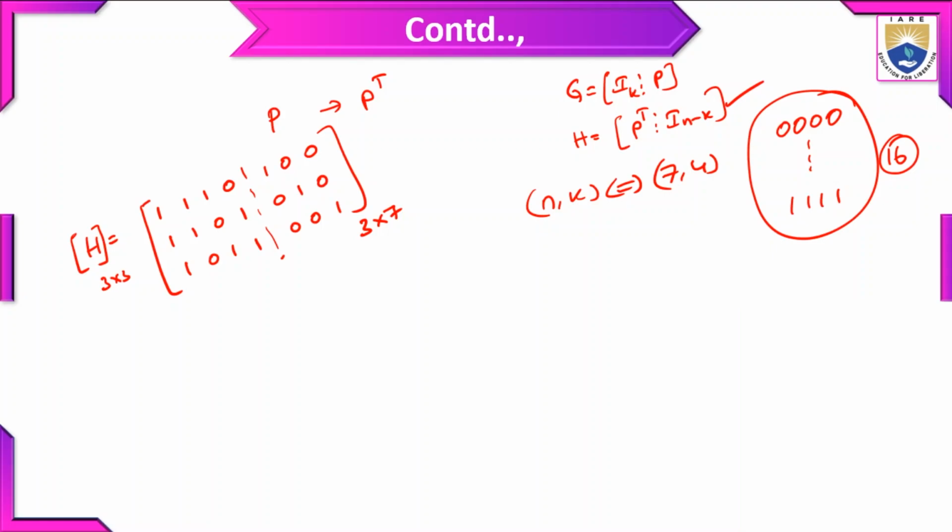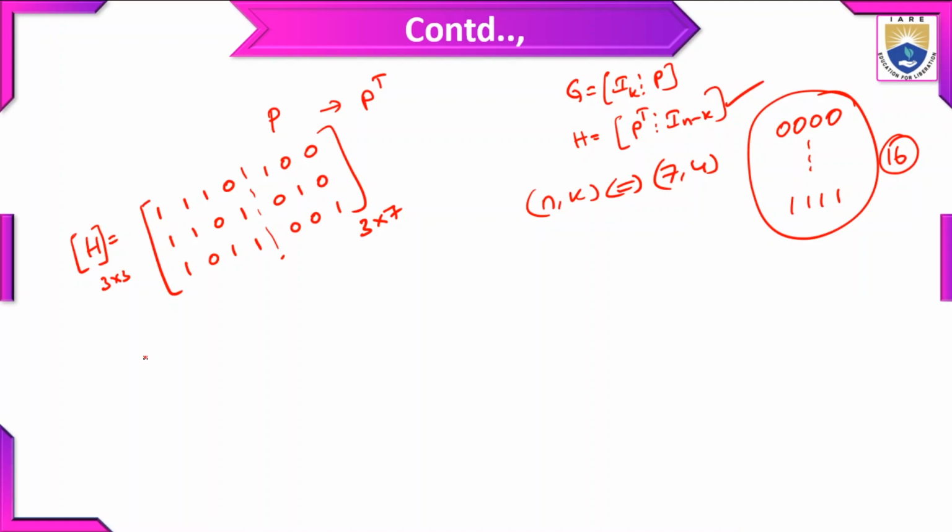So 7 minus 4 gives 3. So my identity matrix size is 3 by 3, and this is my P transpose. So now can we generate G from H? Yes. Why? Because in H there is a P transpose form. Then you reverse it, you get this G.